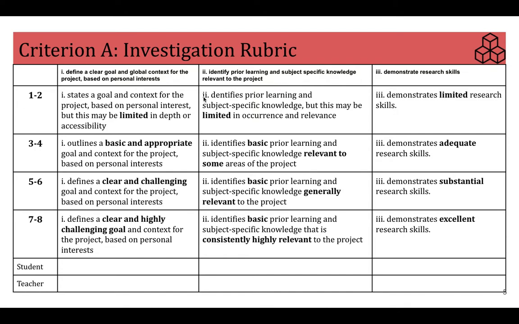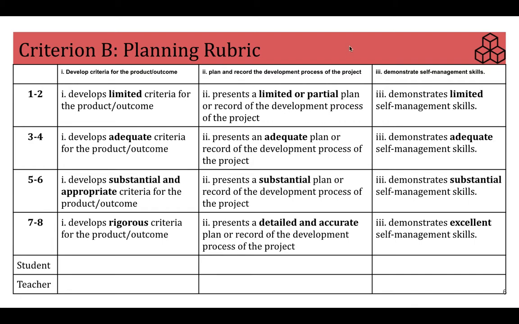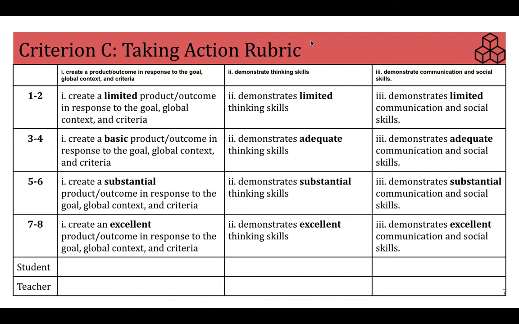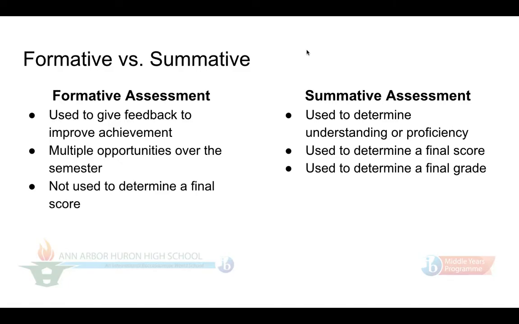It kind of depends on the numbers, so it adds up at the end. So depending on what grade you get in each criterion, that's what your final grade will be based on, what the number is. So here is criterion A rubric. There is criterion B rubric, which has to do with the planning. C is the action phase, and D is the reflecting phase.